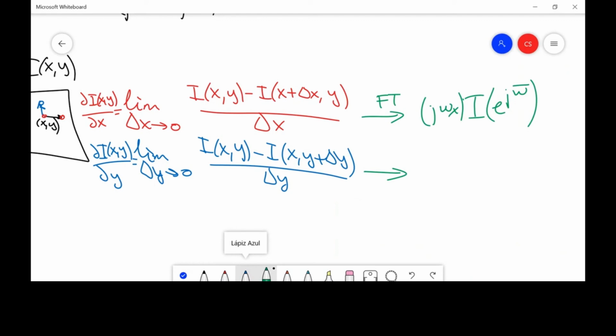This is a vector, you know that this vector is omega x, omega y. And the same for this one. So what we are not doing is the proof that you get this result. But this is what you get.